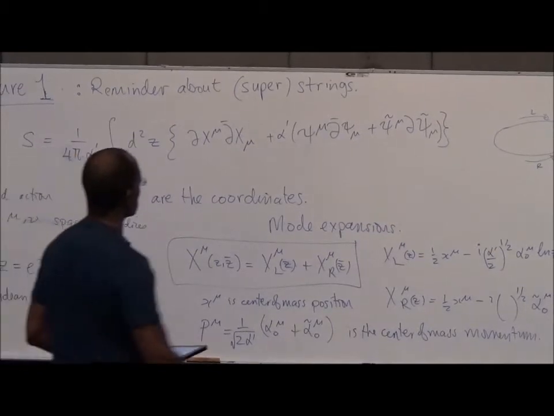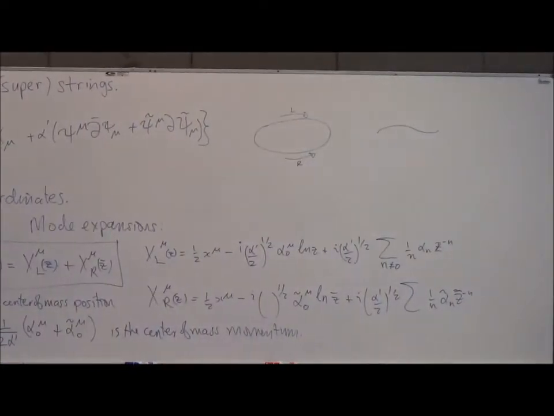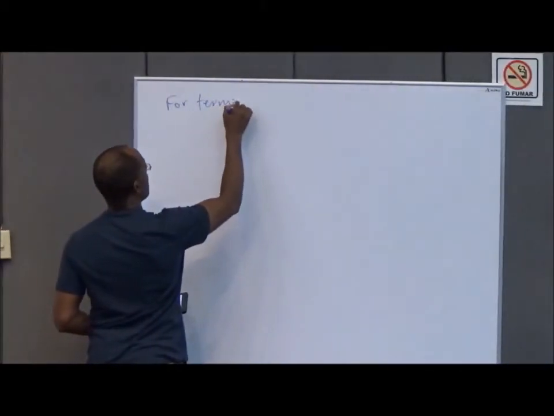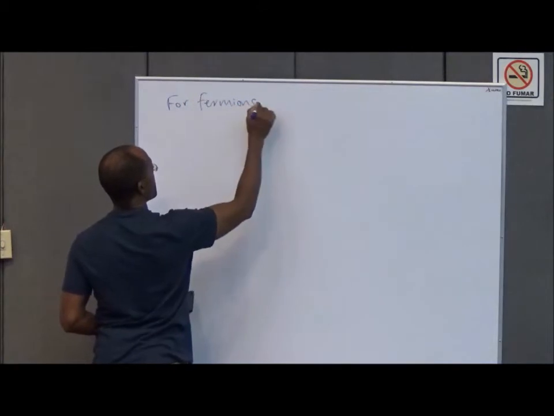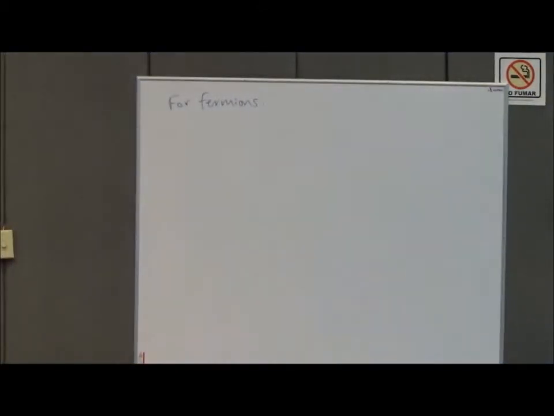Boundary conditions on the fermionic sector come in two flavors, because I have two different kinds of boundary conditions, depending upon whether I have periodicity or antiperiodicity. And so these are the Ramond and Neveu-Schwarz sectors.